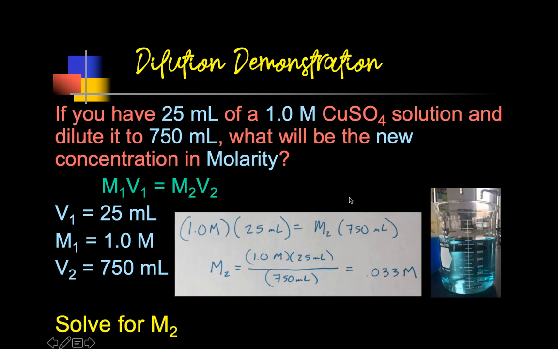And so this might be useful if I bought what's called a stock solution of a chemical. I can dilute it down to any other molarity that I need and figure out how much water I would need to add. That's a super common thing I do for labs all the time. We buy stock solutions from a chemical company that are high concentrations, sometimes even like 18 molarity.